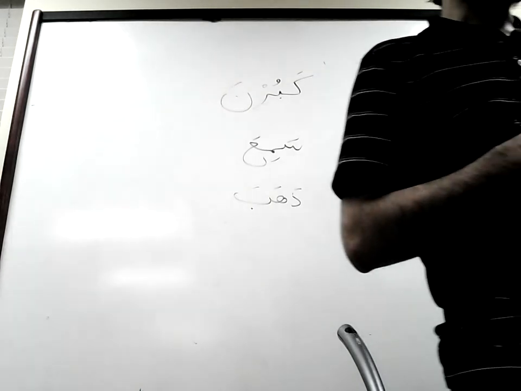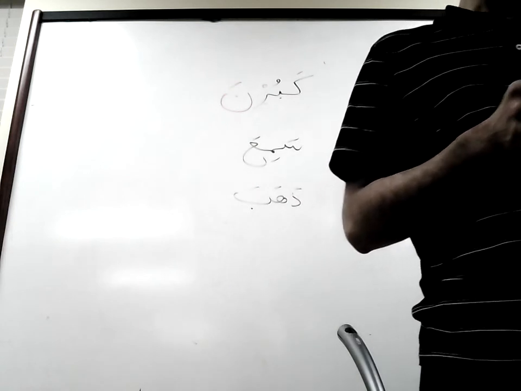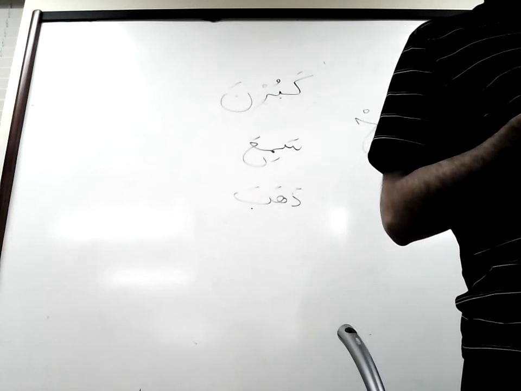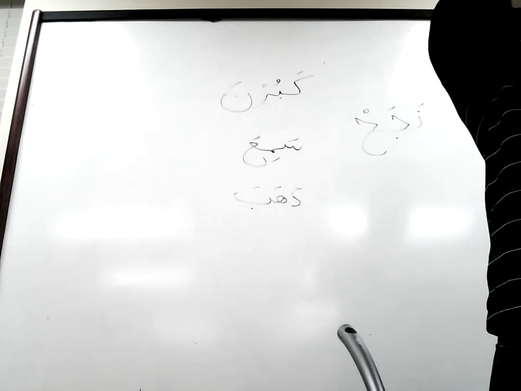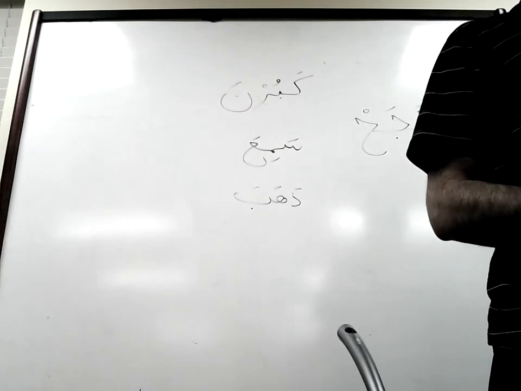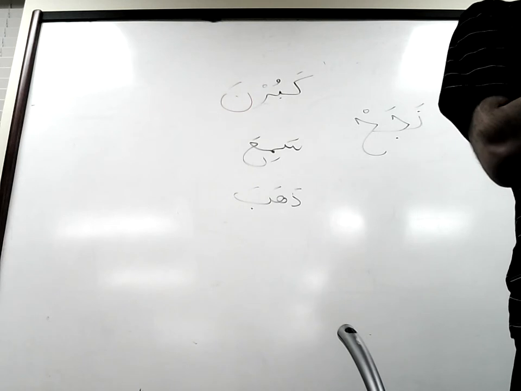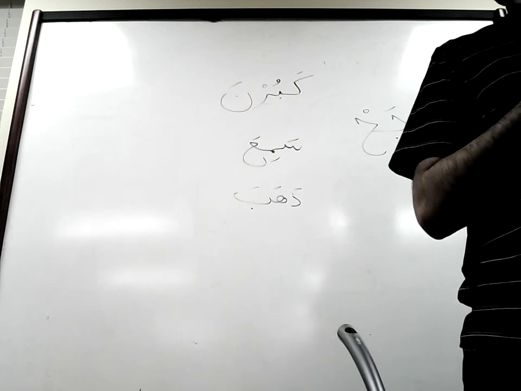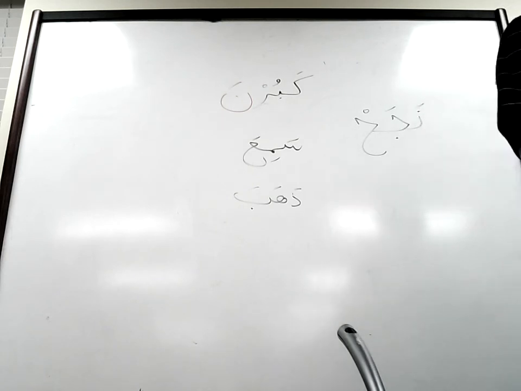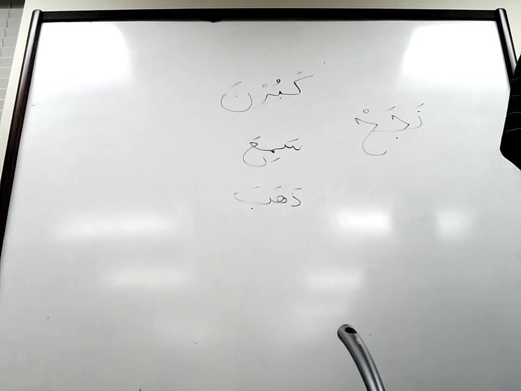Sa'alna. Sa'altu. Good. MashaAllah. How do you say they all asked, a group of men? Sa'alu. How about we asked? Sa'alna. Okay. And I asked? Sa'altu. Okay.